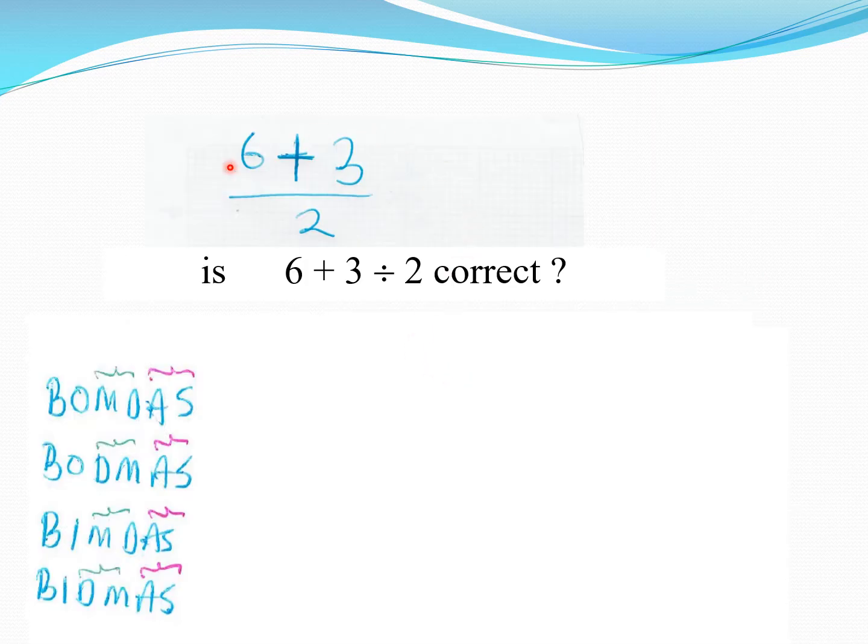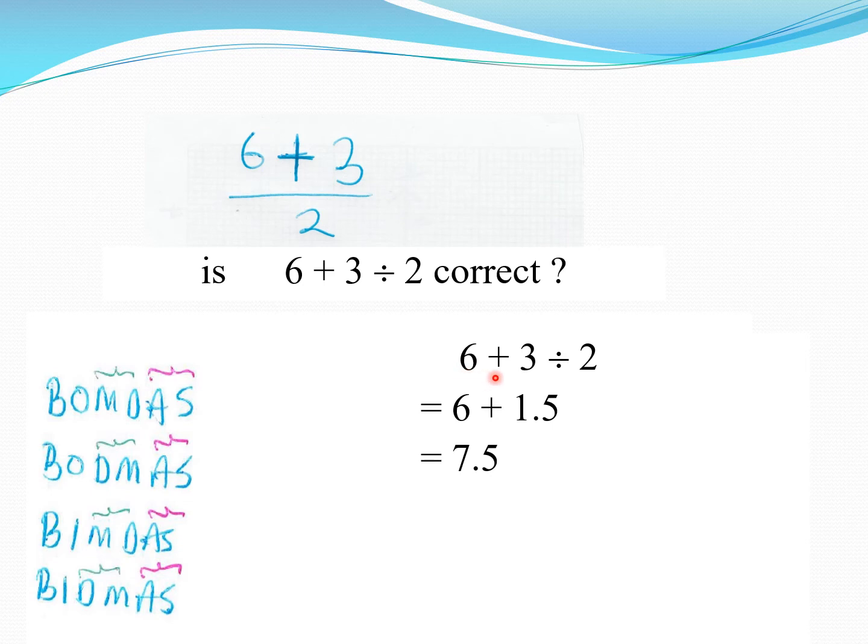Now, again, if you come back and look at this here, 6 plus 3 over 2, is it correct to say 6 plus 3 divided by 2? And again, here are our rules, the rhymes that we learned in school. According to that, we would do the divide bit first, and then we would do the add. So what happens if we do that?